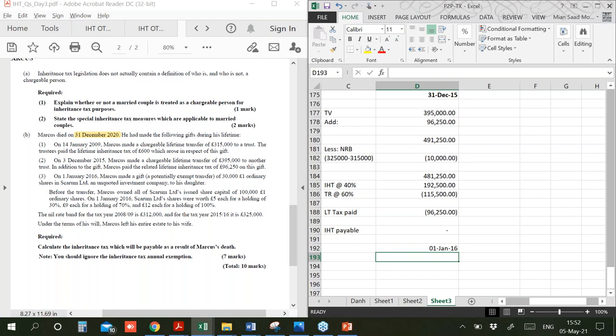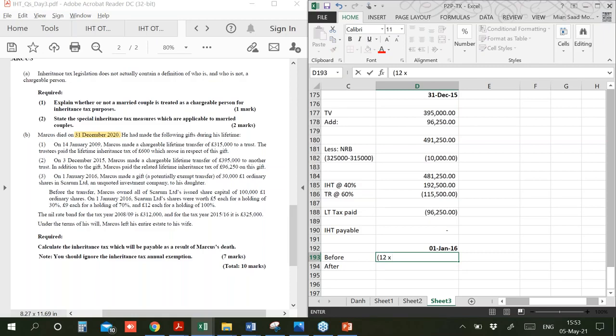Now, on 1 Jan, the gift of 30,000 shares has been made, and I have not been given the chargeable amount. So I have to calculate the chargeable amount myself as well. Now let's calculate what is the transfer value. Before transfer and after transfer, I will calculate Marcus's wealth. So before transfer, the value that I will use will be the share price for 100% holding, which was 12.